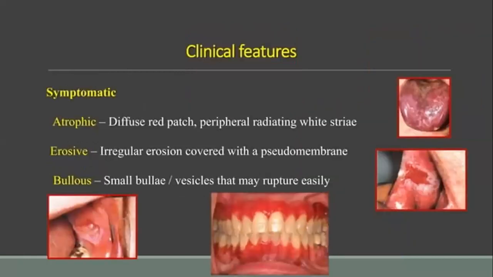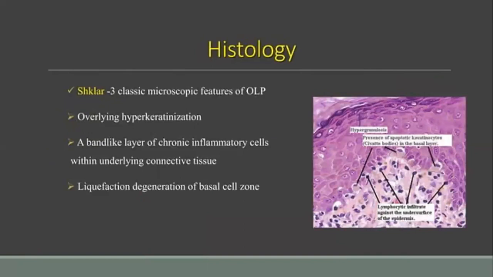Symptomatic clinical features: it could be atrophic, erosive, and bullous. In atrophic, there is a diffuse red patch with peripheral radiating white striae. In erosive, you can see irregular erosion covered with a pseudomembrane. And in bullous, small bullae that may rupture easily.